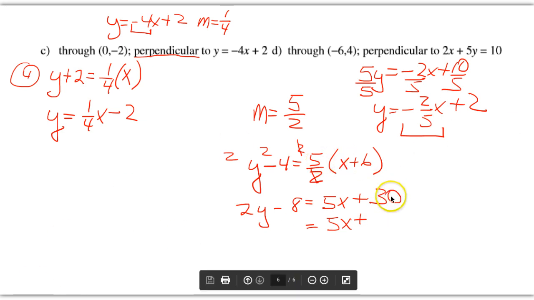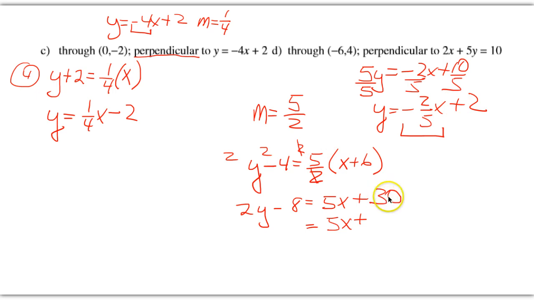Now I think I said 30 and I wrote down a 3, so I have to write 30 down. So negative 8 on this side becomes a positive 8. So positive 8 and 30 becomes 38. Okay, so I have this. Now again, if I were putting that in standard form, I would just transpose the 5x.